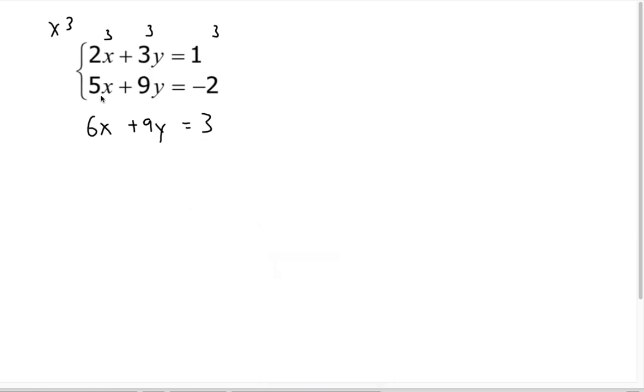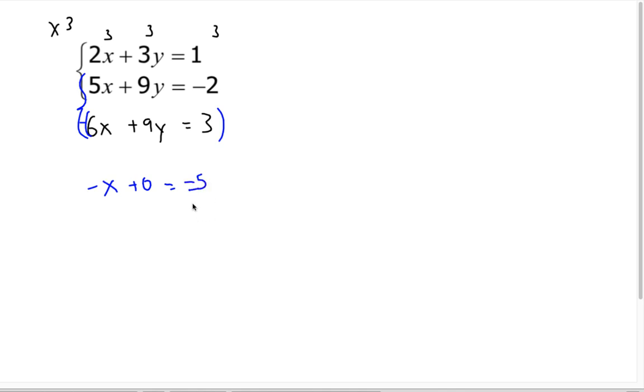And now we can solve this just like any other system, and I can make a new system here, and we subtract. So 5x minus 6x is negative x. 9y minus 9y is 0. Good, we've canceled out a variable there. Negative 2 minus 3 is a negative 5.